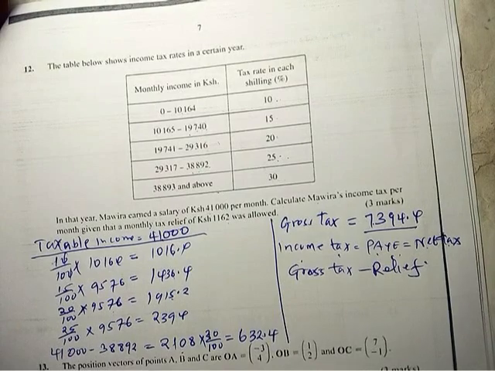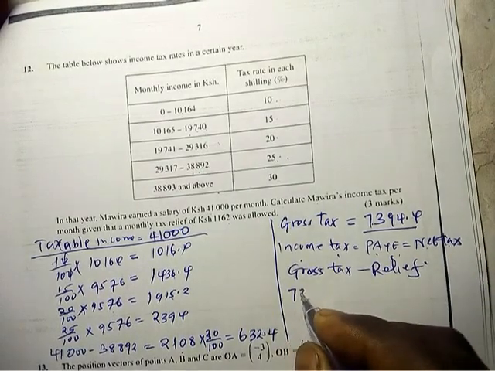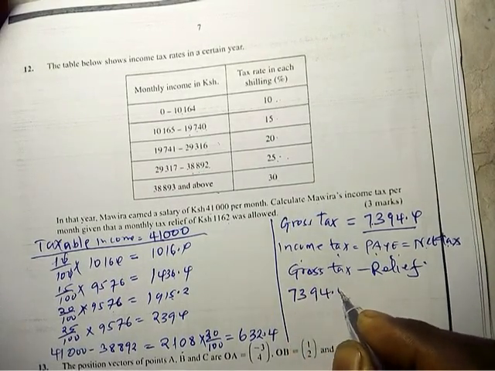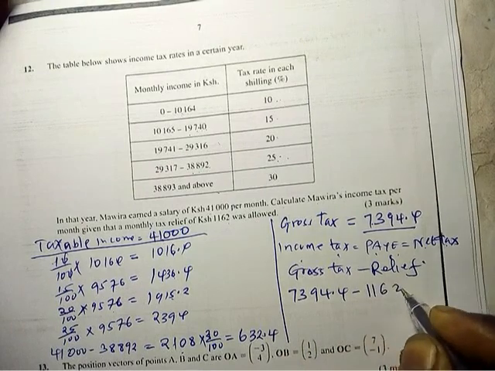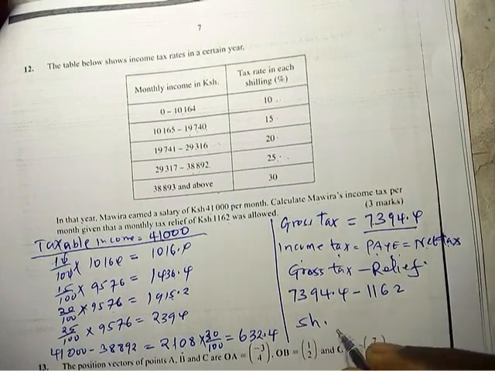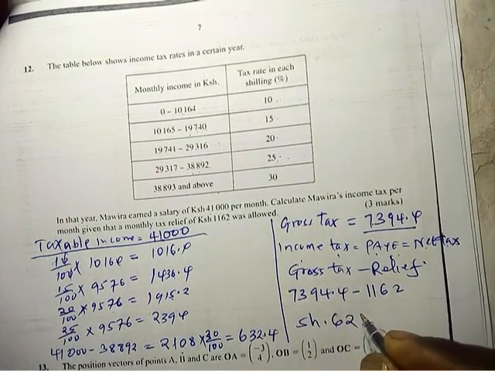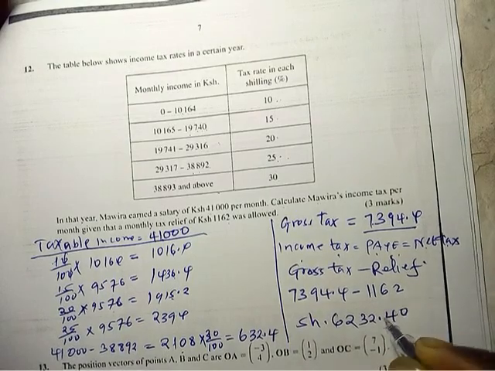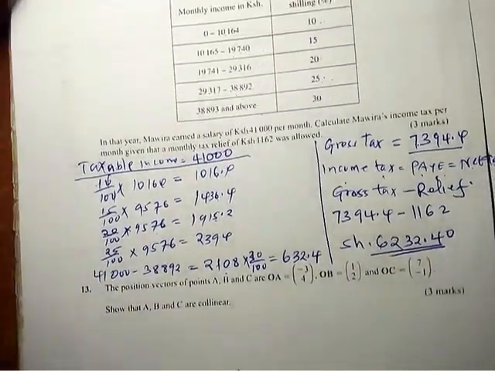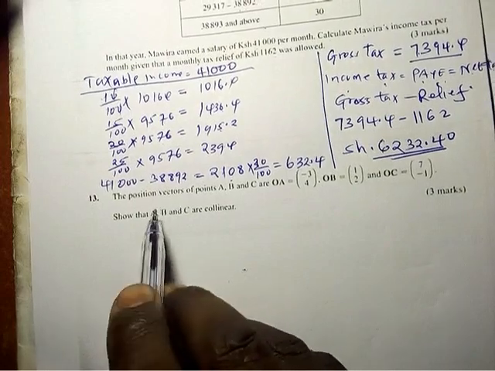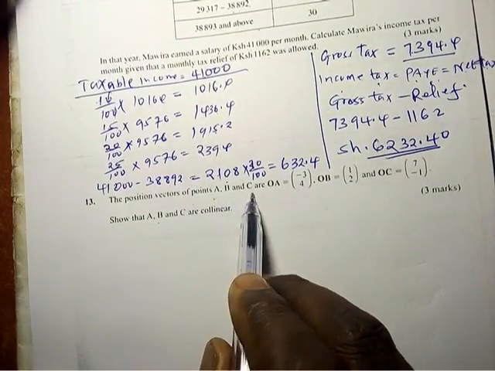I told you maths is formulas. Now which is 7394.4 minus 1162, and the answer in income tax will be 6232.40 Kenya shillings.